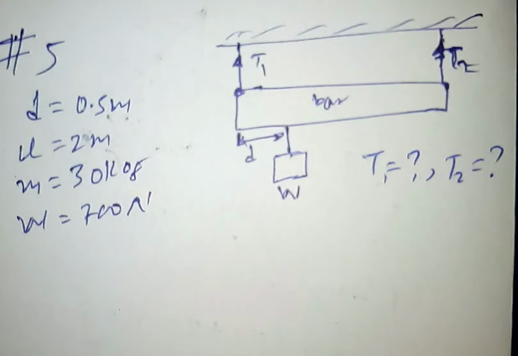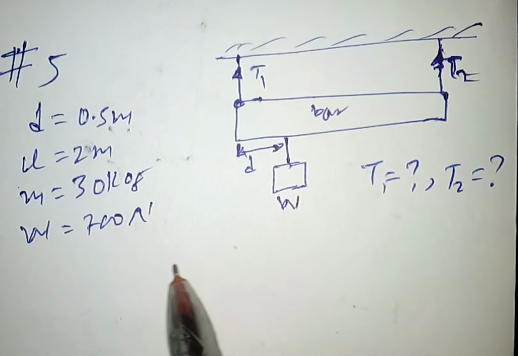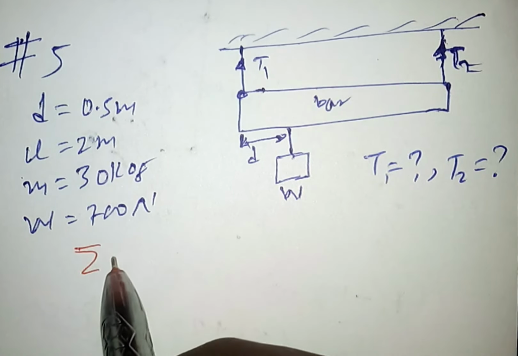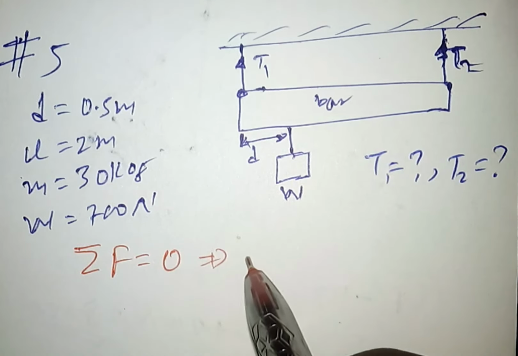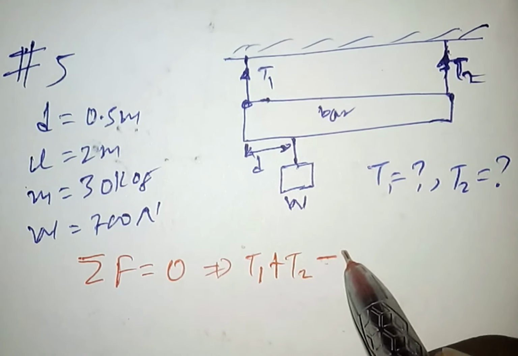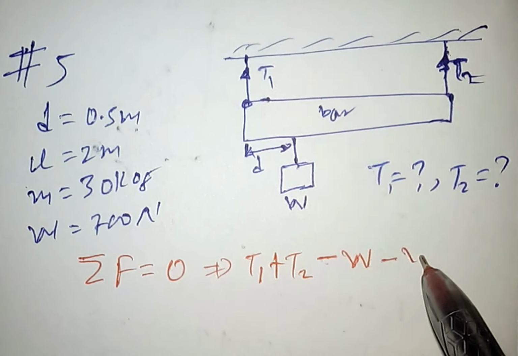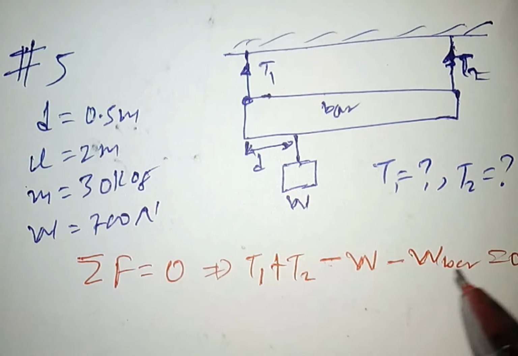So here, to find the values of T1 and T2, we can apply the first condition of equilibrium, which says that the sum of all the forces acting on the bar is equal to zero. This means T1 upward plus T2 upward minus W minus the weight of the bar is equal to zero.